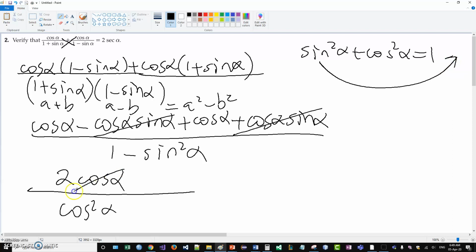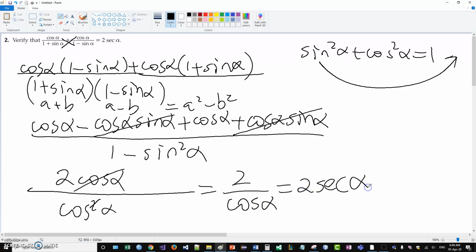Now, cosine alpha cancels with one of the cosines, so we're left with 2 over cosine alpha, which is 2 secant alpha, which is the right side. So we have been able to verify this trigonometric identity. Please pause the video and try to redo this yourself.